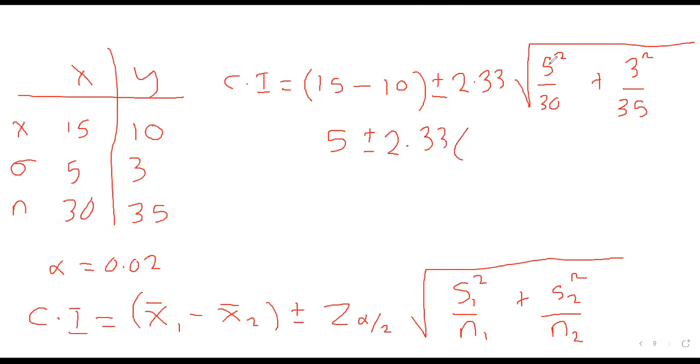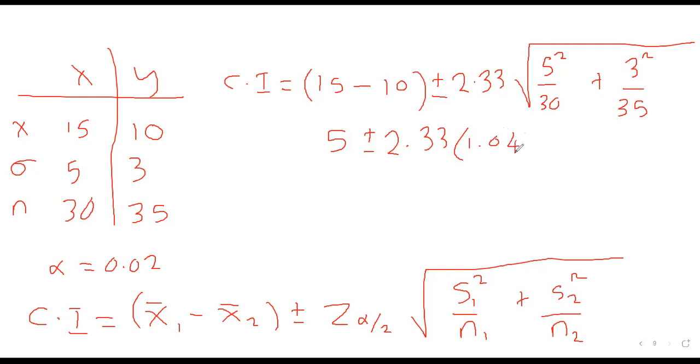multiplied by, what do we get in here? 5 squared over 30 plus 3 squared over 35. You can compute it directly. So 25 over 30 plus 9 over 35 gives 1.09. Then you square root that answer and get 1.044.